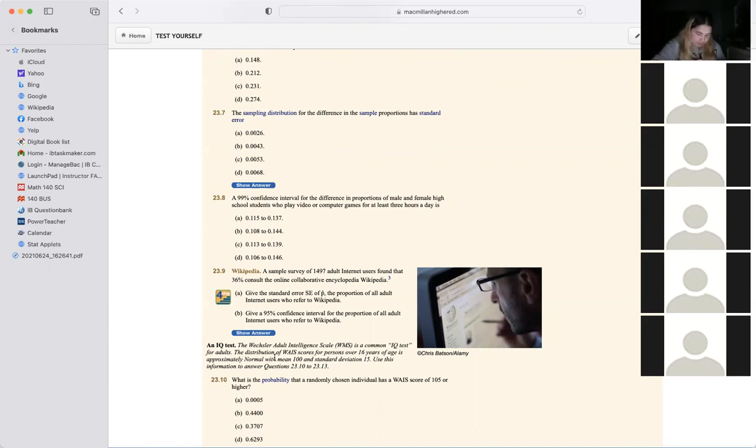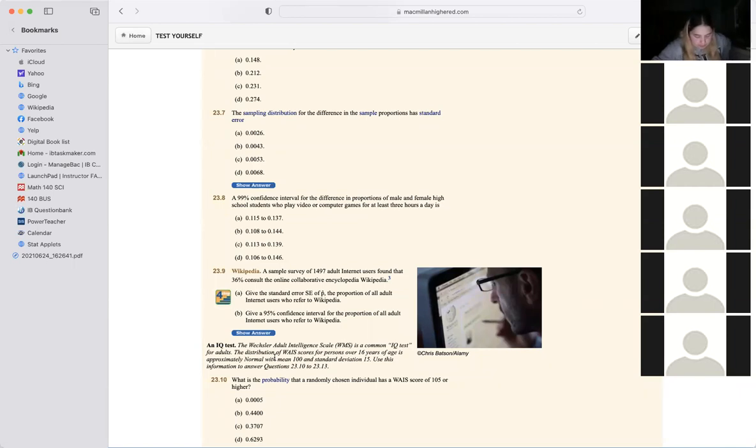First, find the margin of error. Sorry, first find the confidence interval. What is the confidence interval? 0.36? Yeah, it's a weird confidence interval. No, sorry, I was thinking about the last problem.